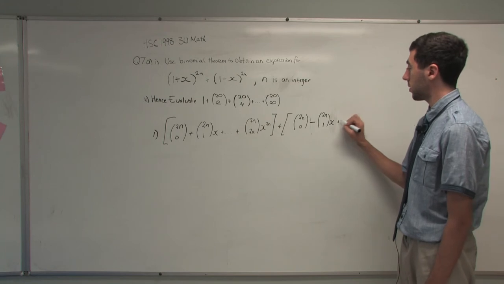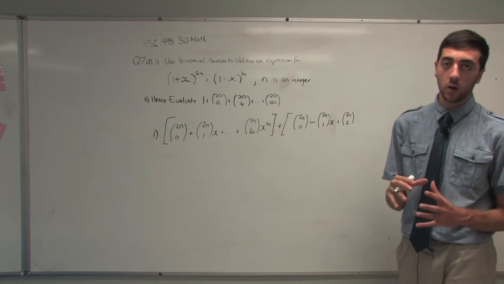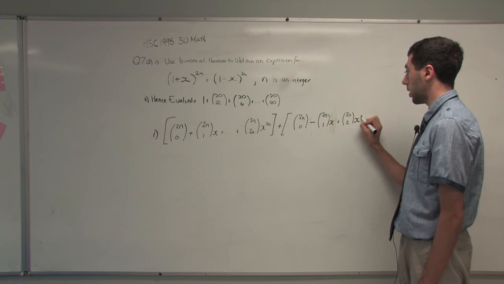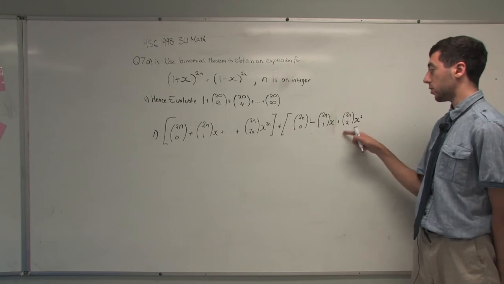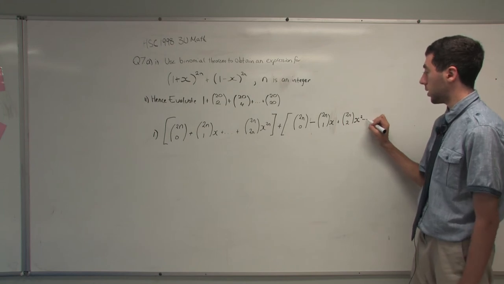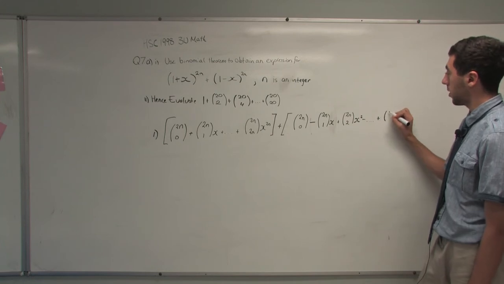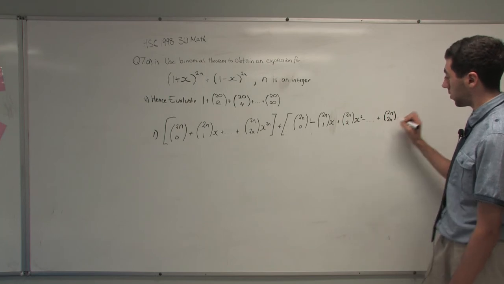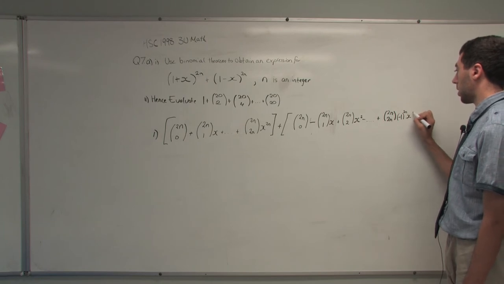Now plus 2nC2, and (-1) squared is obviously plus 1, so we have a plus here, and our next thing is x squared. And what you'll notice is that every odd term is negative, while every even term is positive. So we will have a negative for the next one, and that will go on till finally we have plus 2nC2n times (-1) to the power of 2n, and x to the power of 2n.